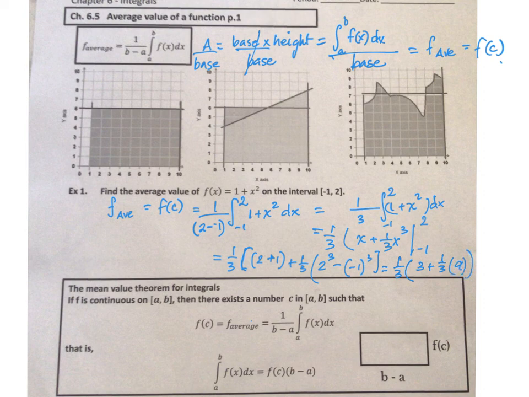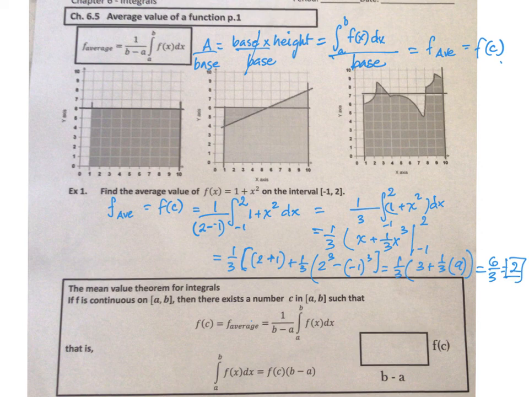And we add 3 plus 3, which is 6, divided by 3, equals 2. So the average value of the function, or the average height, is 2.